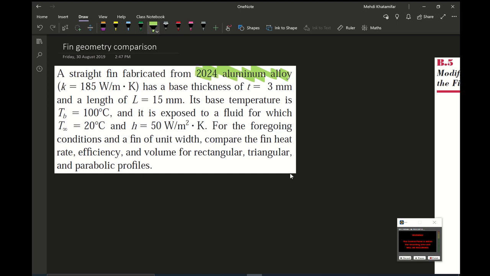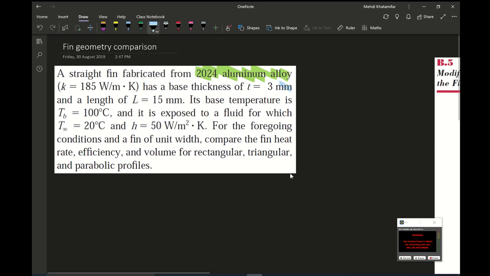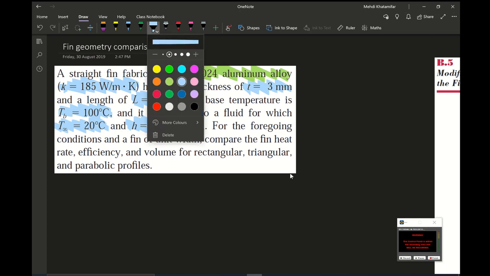Thickness is 3 millimeter, length is 15 millimeter, base temperature 100, T infinity is 20, convective coefficient is 50, and conductivity, because it is aluminum alloy, is around 185.